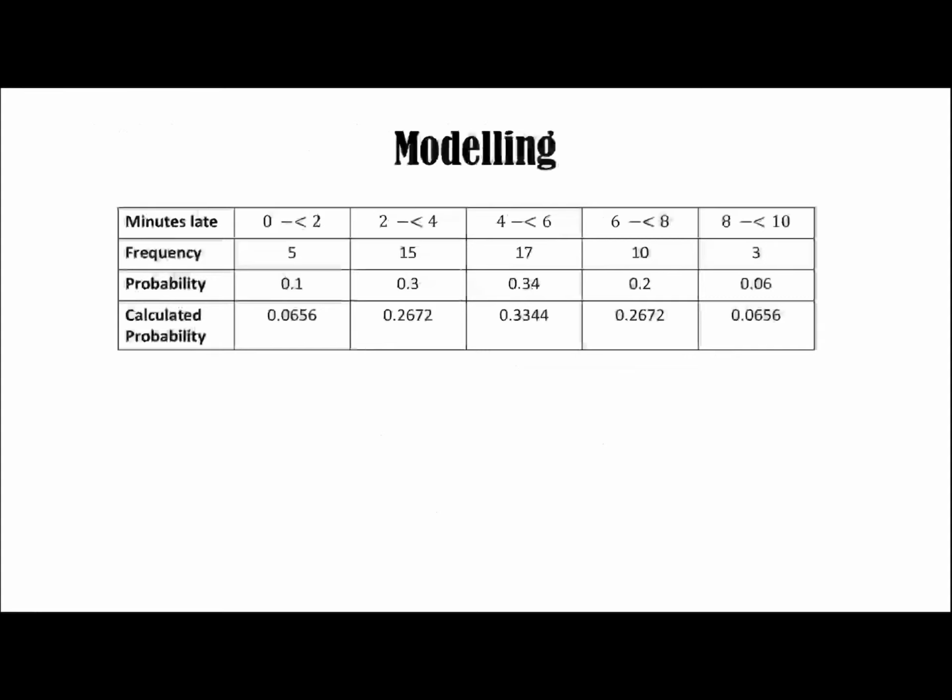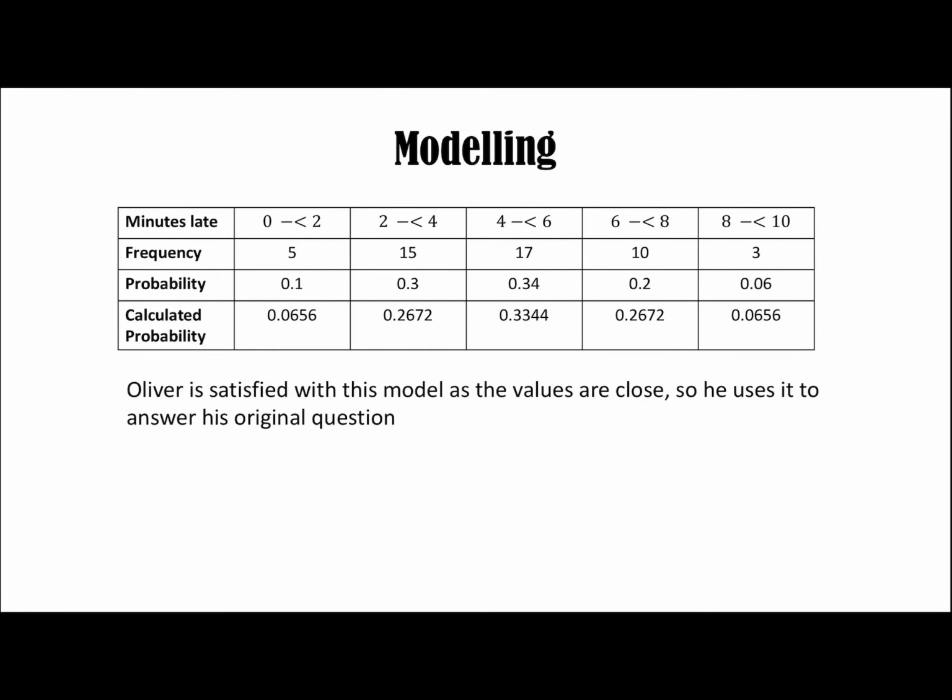Then he compared the calculated probability with the previous probability, which is, if you look at 0.1 and 0.0656, they are approximately equal. And if you look at all other values, they are approximately equal. So Oliver is satisfied with this model as the values are close, so he uses it to answer his original question, which is probability of train being less than 3 minutes late.